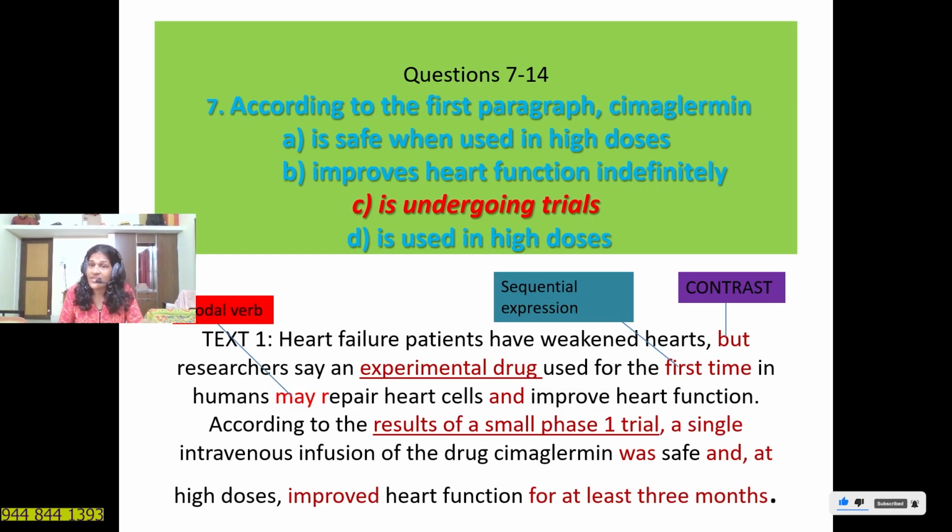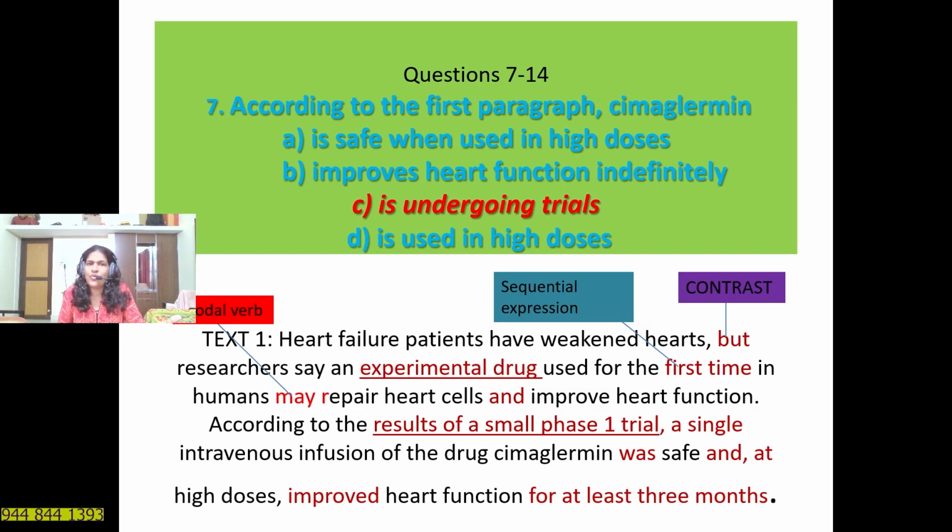They say that at high doses it improved heart function for at least 3 months. So the first option is not correct. Second one, improves heart function indefinitely. Does it say that? No. They are saying at least 3 months. That is not indefinite. That means it is for long. No. So option B also is wrong.